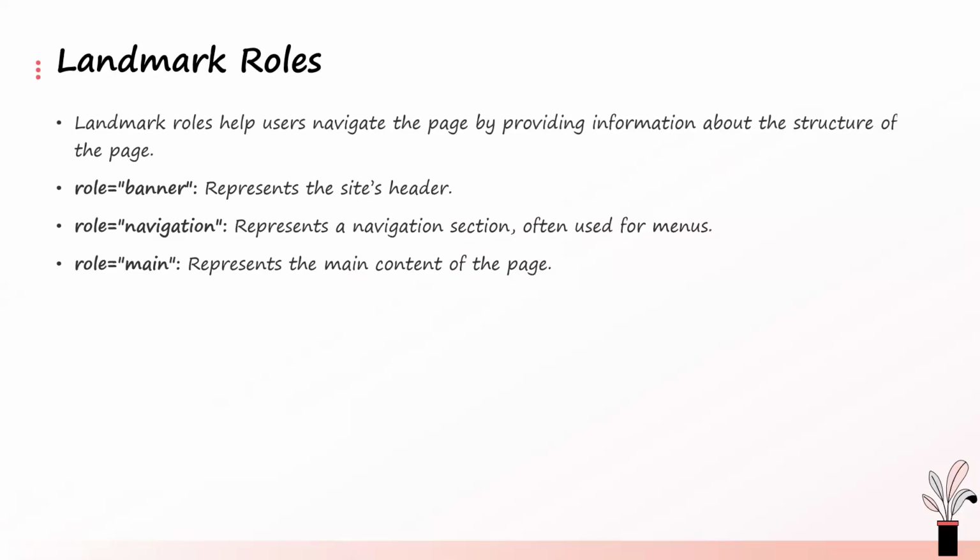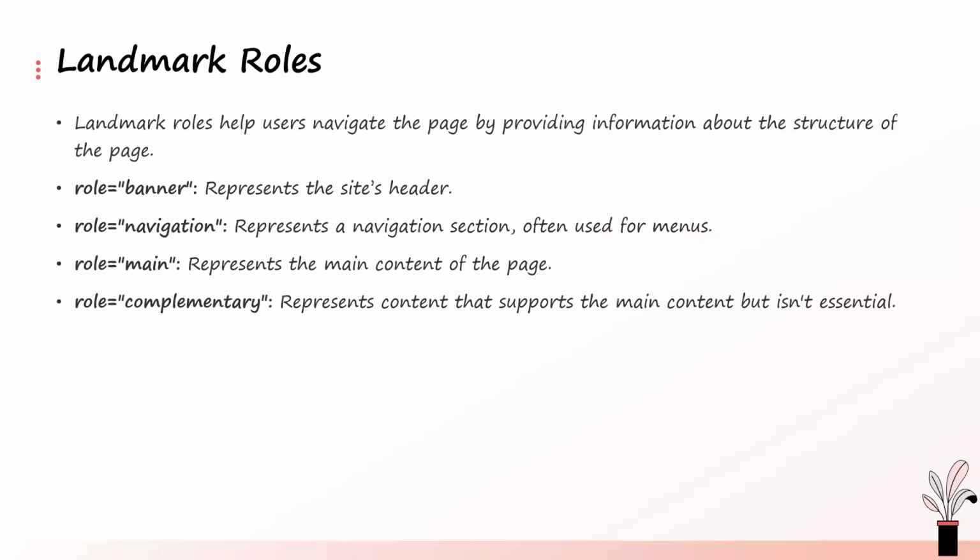But when you say role equal to main, assistive technologies will see it as the main content of the page. When you say complementary, they see it as content that supports the main content but isn't essential, something like aside. Do you understand? The role complementary is for aside. All right, they are not part of the main content.